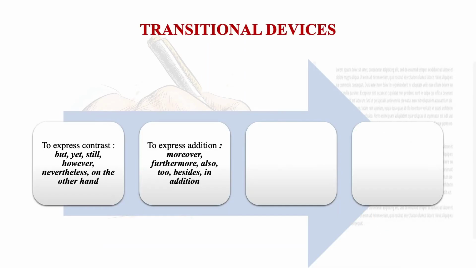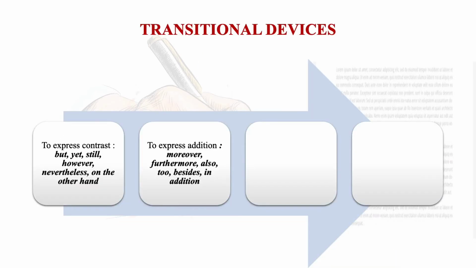Then to express addition, if you want to add information to the sentence or to the paragraph, how will you do that? To indicate or to express addition, there are words or transitional devices which are used in a sentence or in a paragraph. Suppose we are talking about going on a picnic.